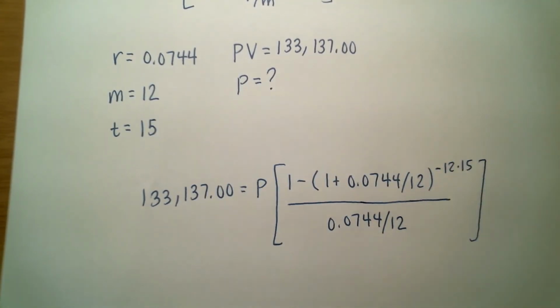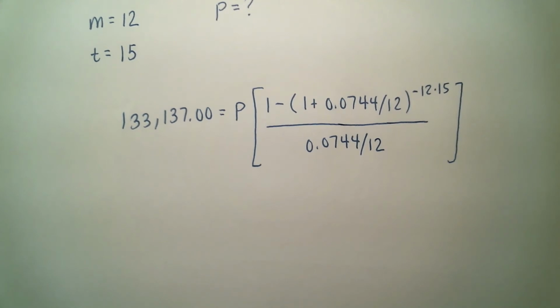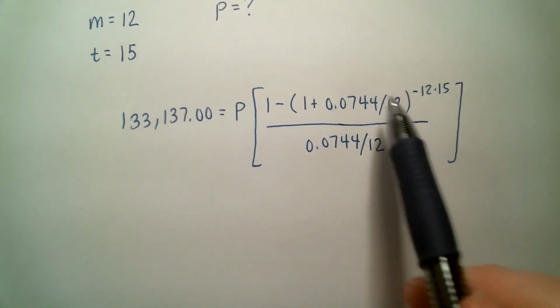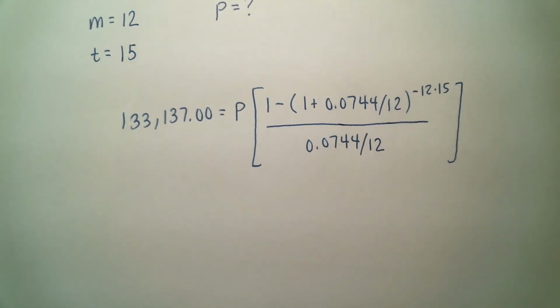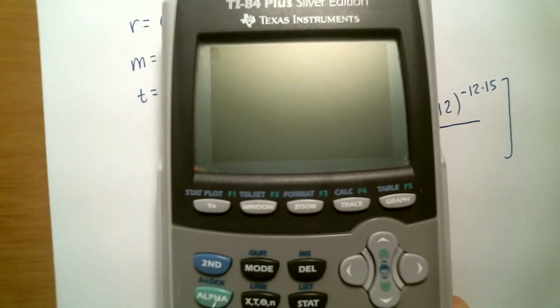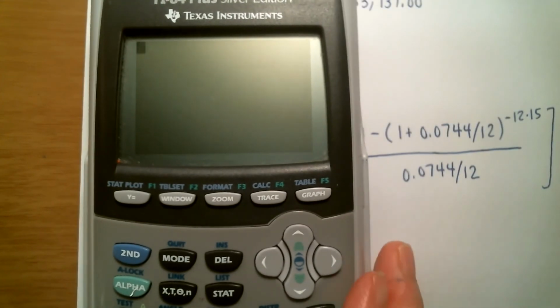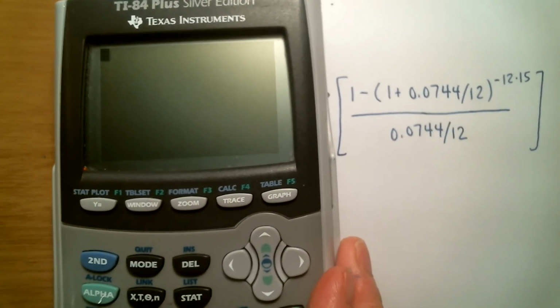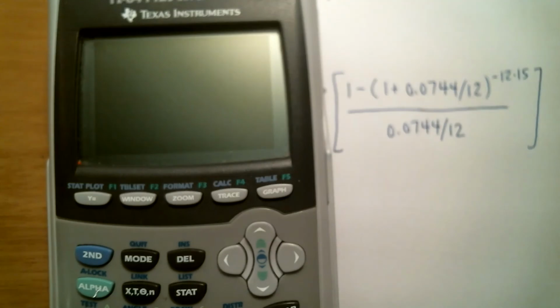Now we can just solve this for P. We need to figure out this quantity in brackets. Again, we're going to enter it in as we see it. Start with the numerator because it's the most complicated part.